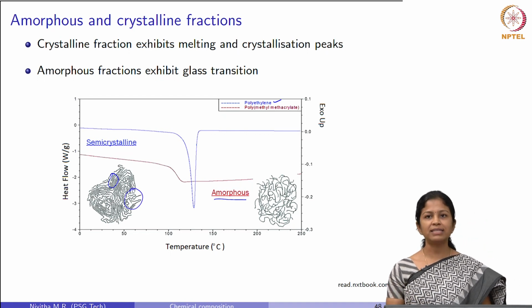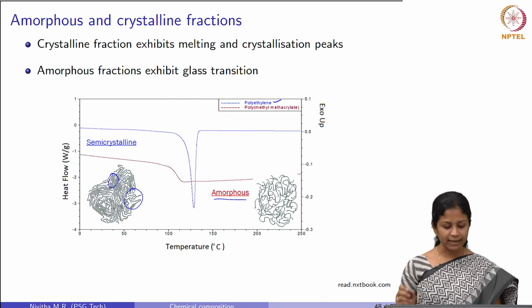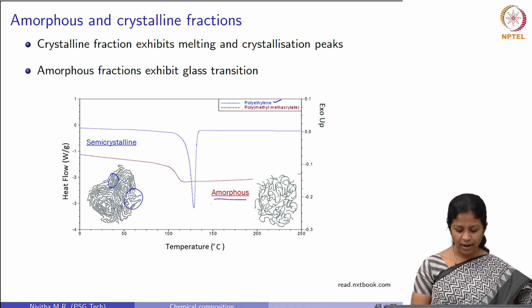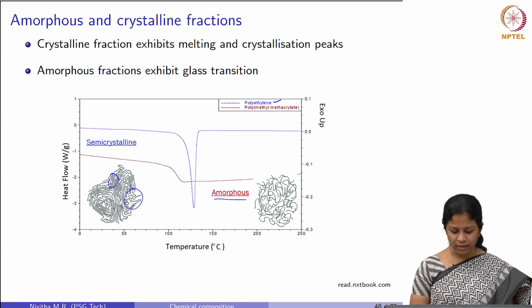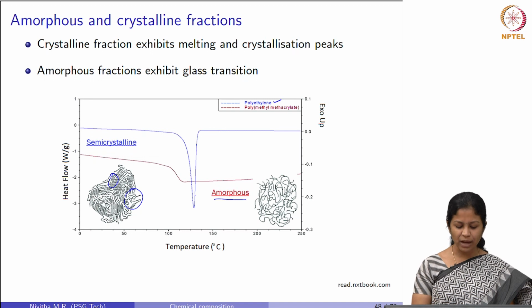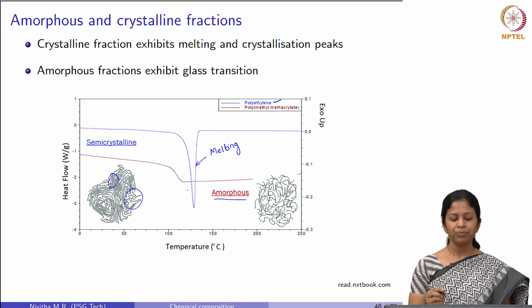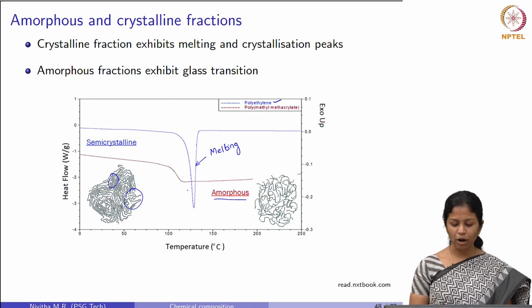So, this is called a semi-crystalline material. What is the thermal event that we are seeing here? At a temperature of about 125 or 130 degrees Celsius, we see a very sharp peak. This peak corresponds to the melting that happens in polyethylene. So, this is the melting peak that we see for this particular material.